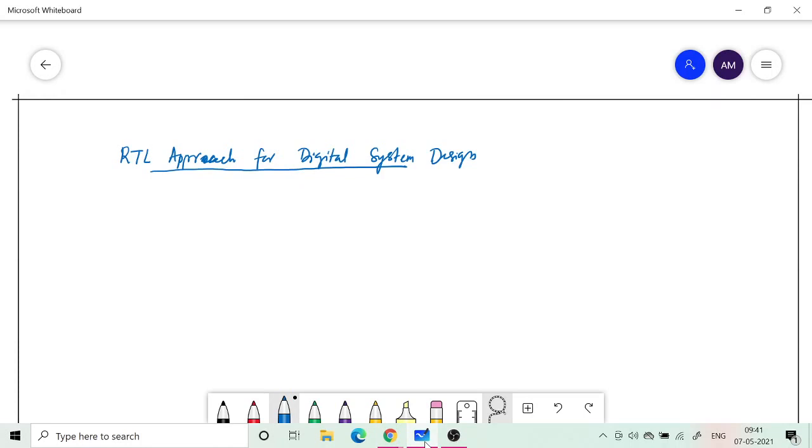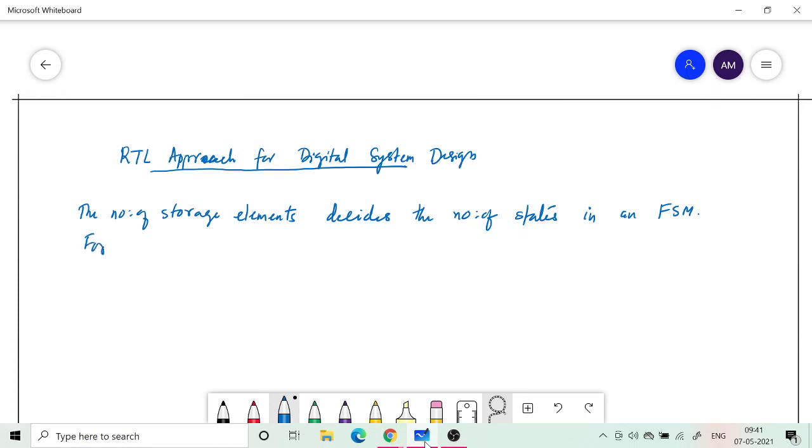That is the first point that we are looking at: the number of storage elements decides the number of states in an FSM. By FSM I mean finite state machine.